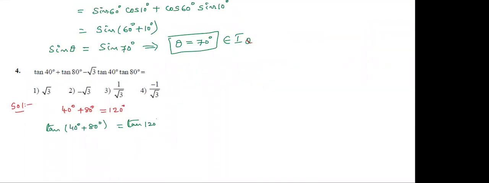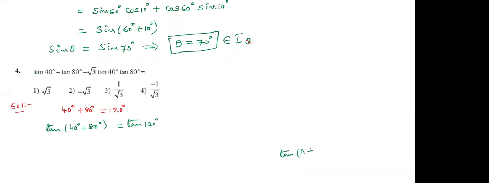On the left hand side, don't add 40 plus 80 to get 120. So tan 120, tan 120, both are equal. Observe the left hand side, which is in the form of tan A plus B. Students, what is the tan A plus B formula?